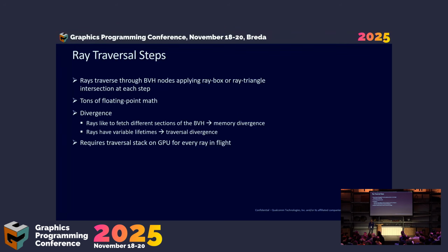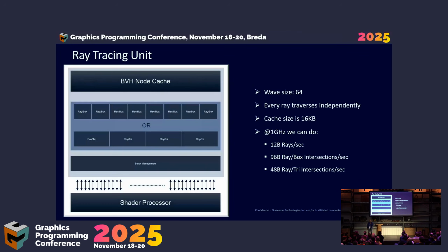So what is the hardware that actually accelerates this look like on Adreno GPUs? This is a pictorial description of that. We have a SIMD64, which means that 64 fibers work together through this process. We accelerate stack management as well as ray box and ray triangle intersections.